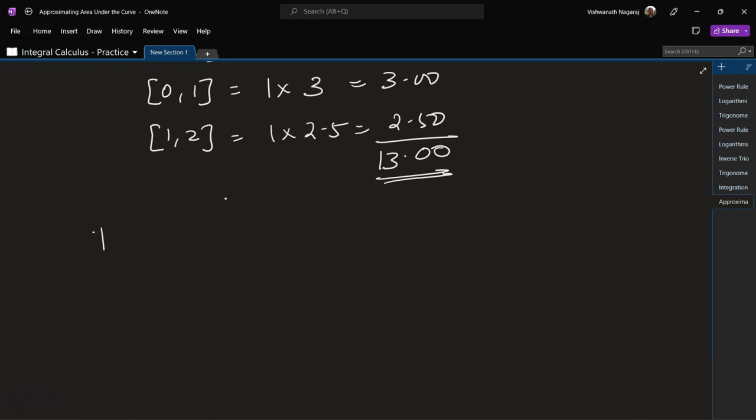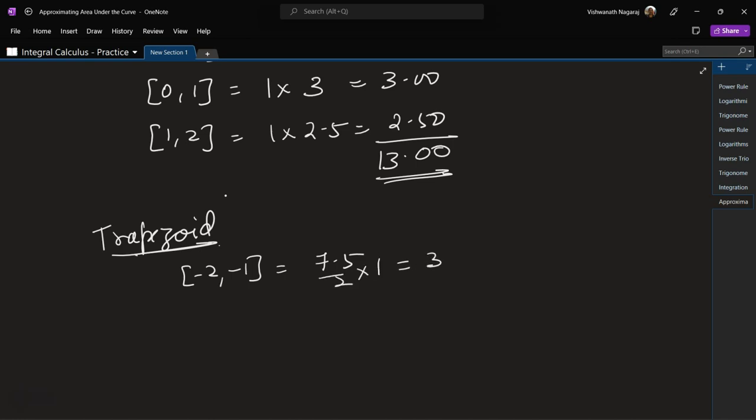And let's very quickly do it using the trapezoid method. Minus 2 to minus 1 would be, remember, average and then times the altitude, average of the lengths of the parallel sides. So this would be 7.5 by 2 times 1, which is 3.75.